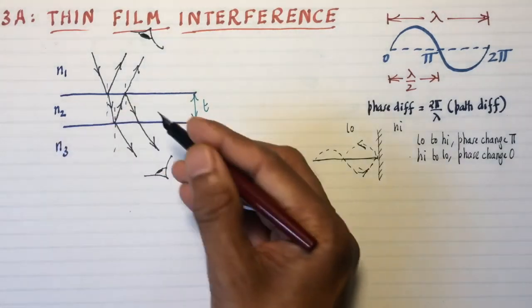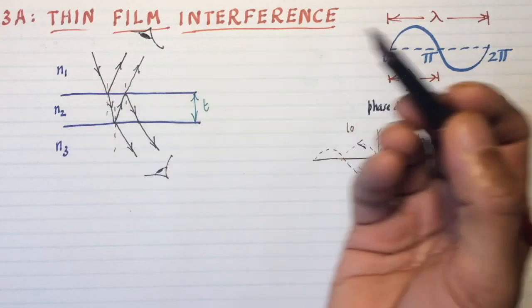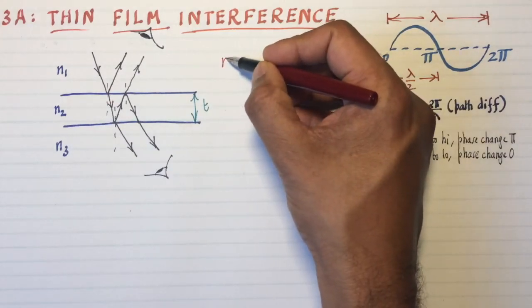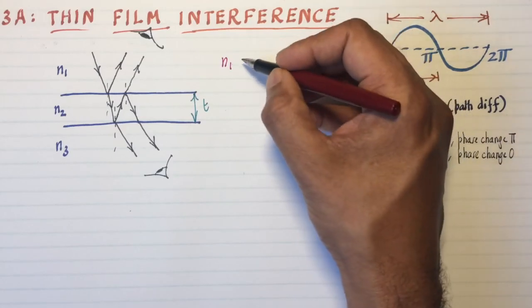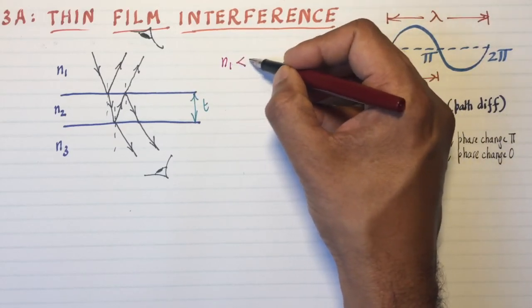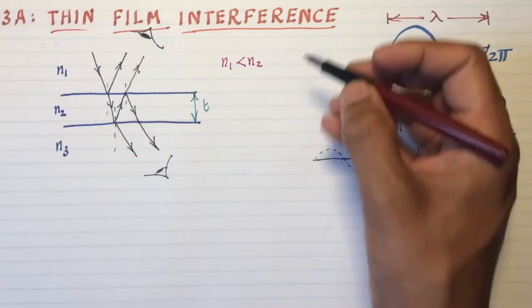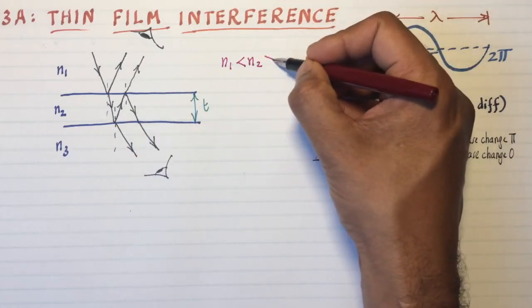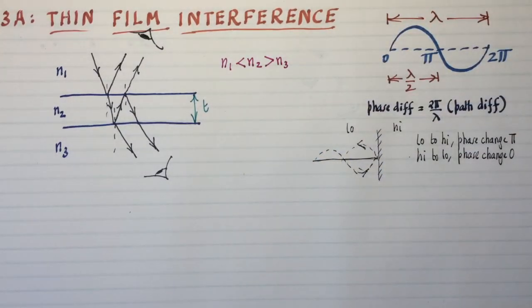Now for the sake of analyzing this, we have to put some kind of conditions on N1, N2, and N3. Let's just take the following example. The other possibilities are explored in the notes. So let's take N1 is less than N2, the way I've drawn it, and N2 is bigger than N3. Let's take that possibility.